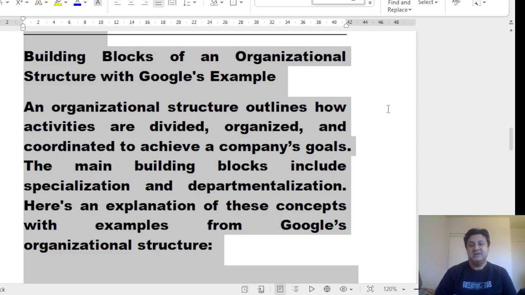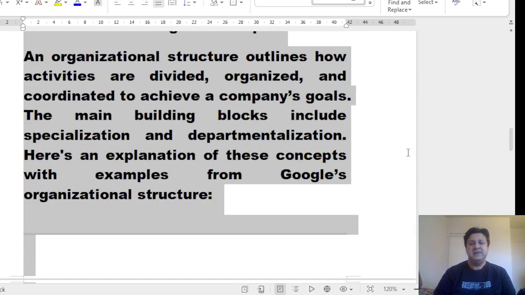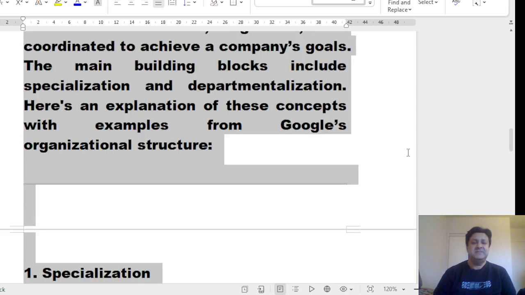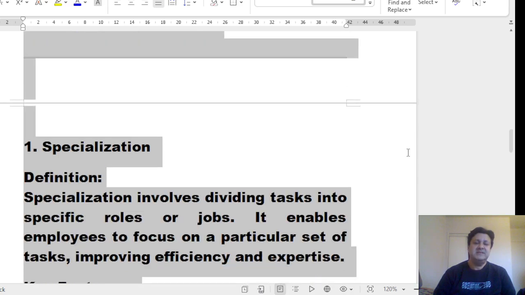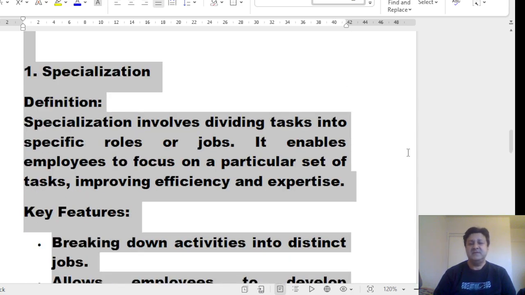An organizational structure outlines how activities are divided, organized, and coordinated to achieve a company's goal. The main building blocks include specialization and departmentalization. Here's an example of these concepts with examples from Google's organizational structure. Specialization involves dividing tasks into specific roles or jobs.